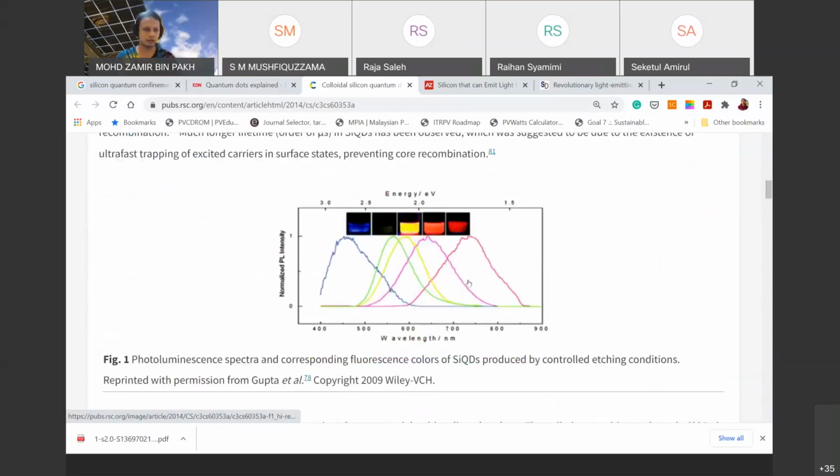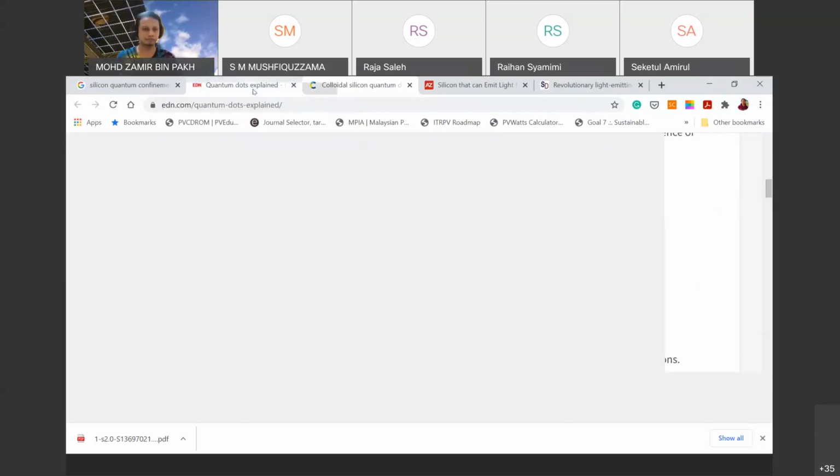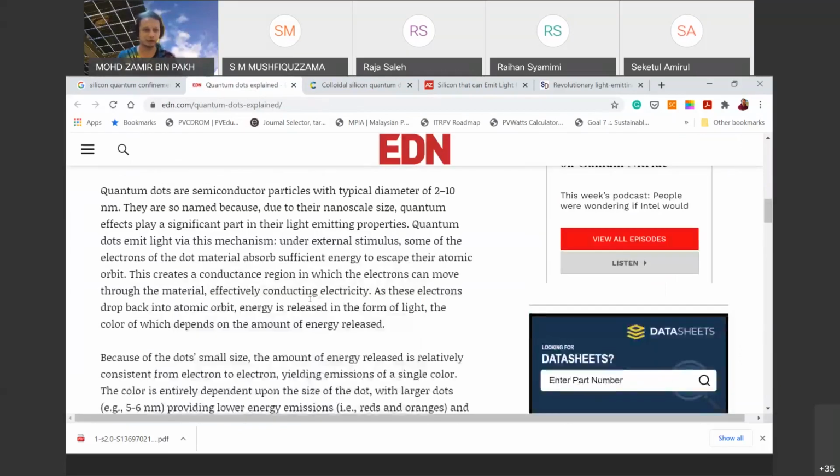So you can see down here, I'm going to give you the link later on eLearn. So you can even alter the emission of light, which means alteration of the band gap of the quantum dots. You can vary the size of the dot, for example.